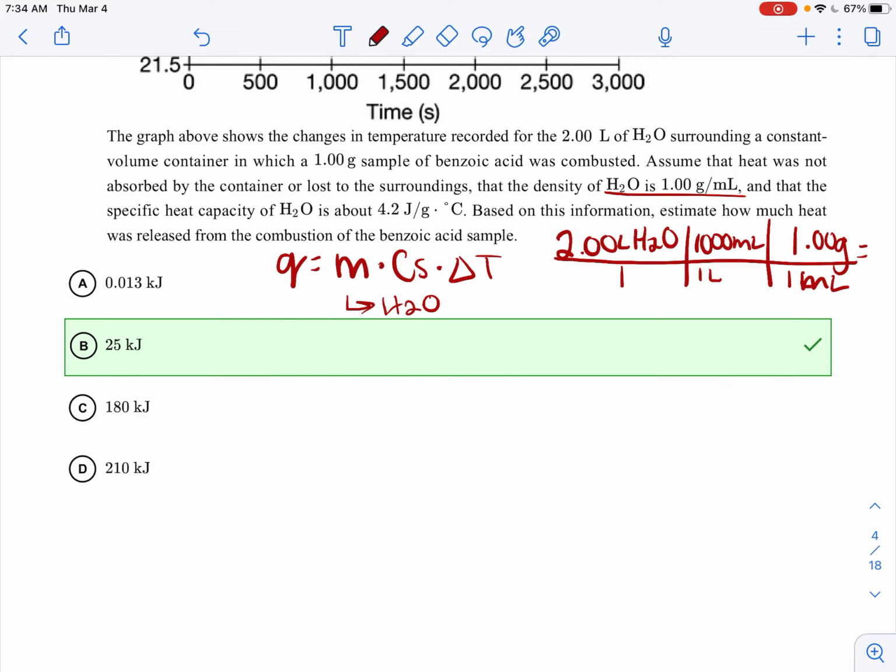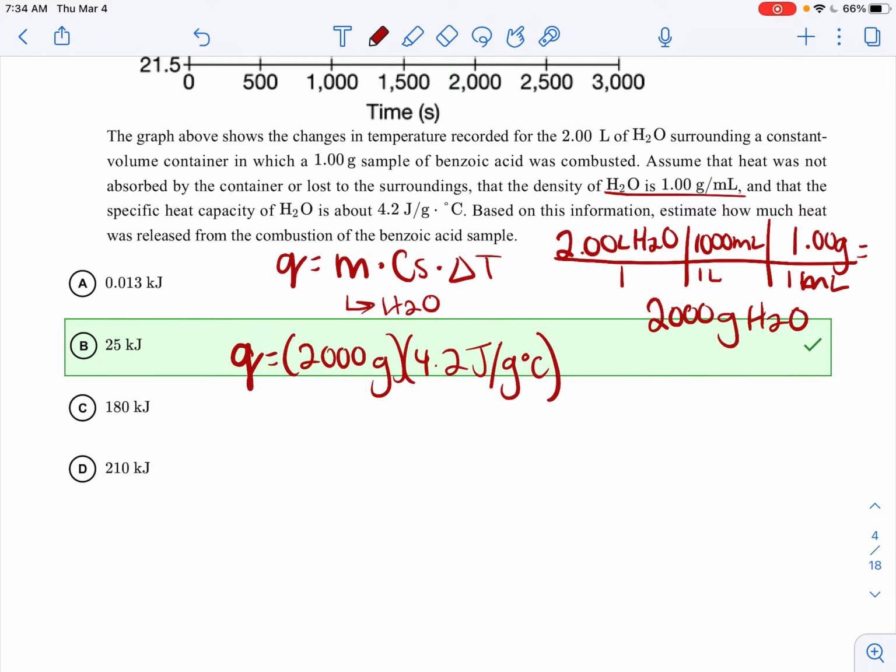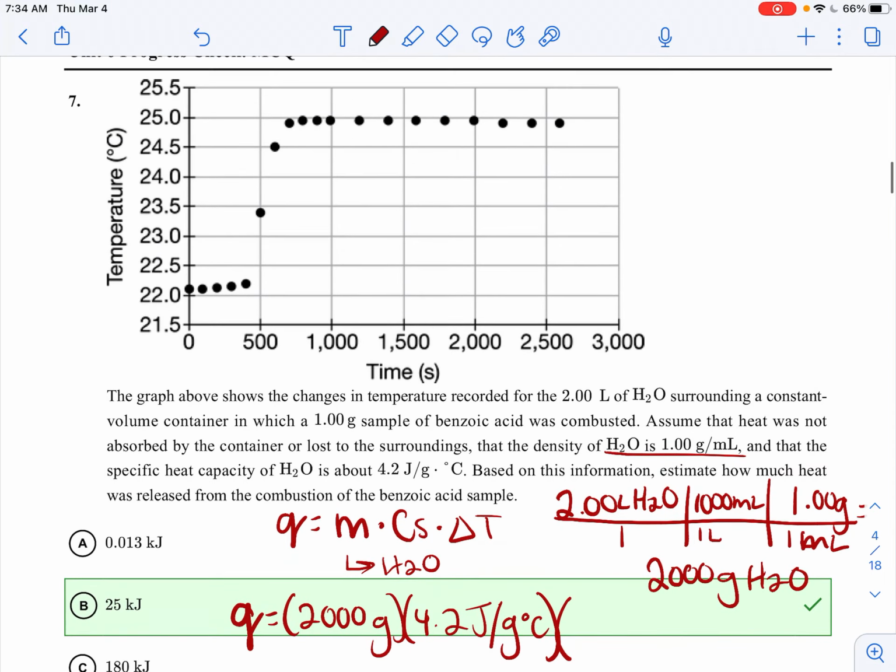Okay? And so what we'll get is 2,000 grams of water for our mass. So we get Q equals 2,000 grams times 4.2 joules per gram degrees Celsius. Now times the change in temp. So we've got to look at our graph to find the change in temp.